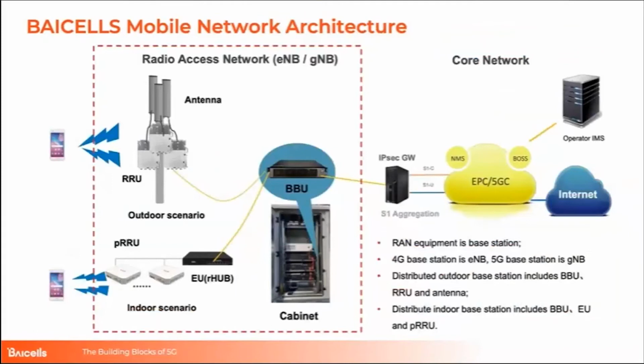You have the external RRU here, the outdoor RRUs. We have some with integrated radios and some with external radios. It connects to the BBU, and if you have indoor radios right here, they connect to the BBU via what we call our hub, and then we backhaul everything into the core network.